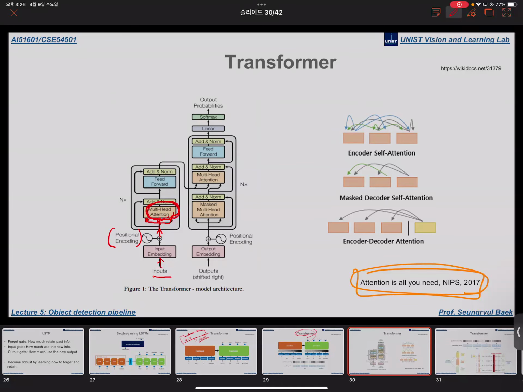This is the attention mechanism that I mentioned, and as I mentioned before, it is represented like this.